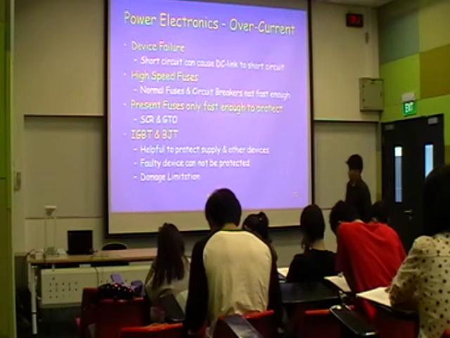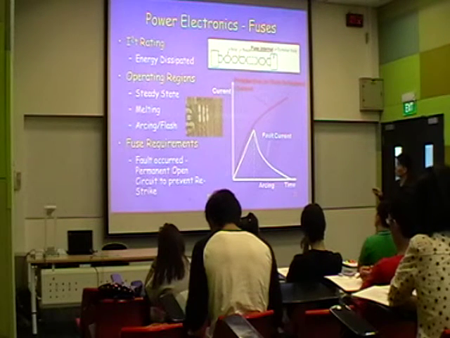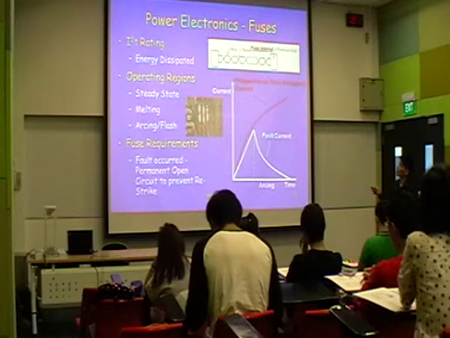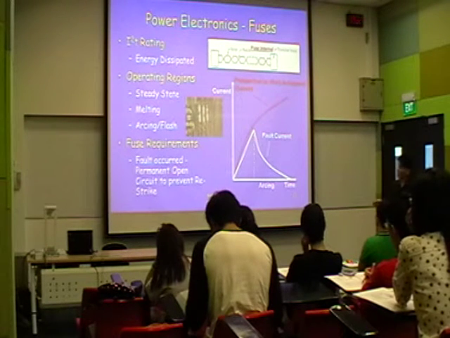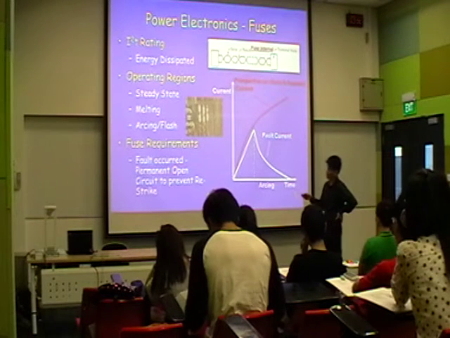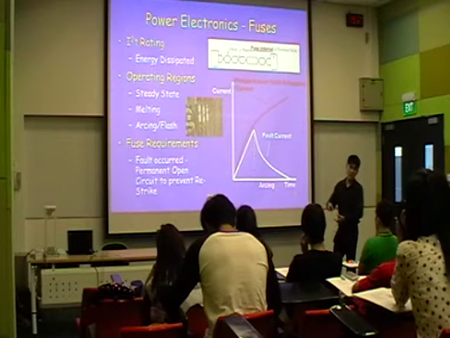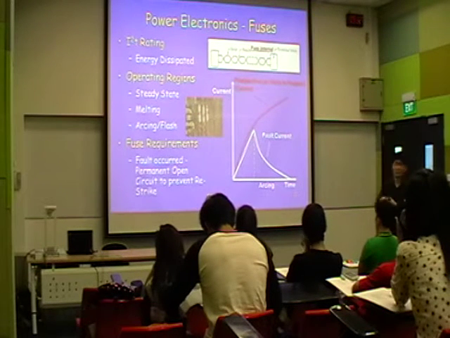These are the fuses. For those who do not know what a fuse is, this is just a schematic diagram. The fuse that you use will be quite a big size, not something small like the 13 amp one that you use in our power socket. It's a bit bigger in size.